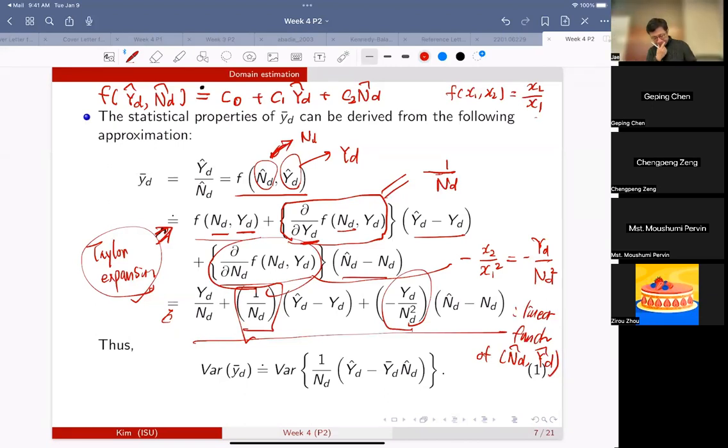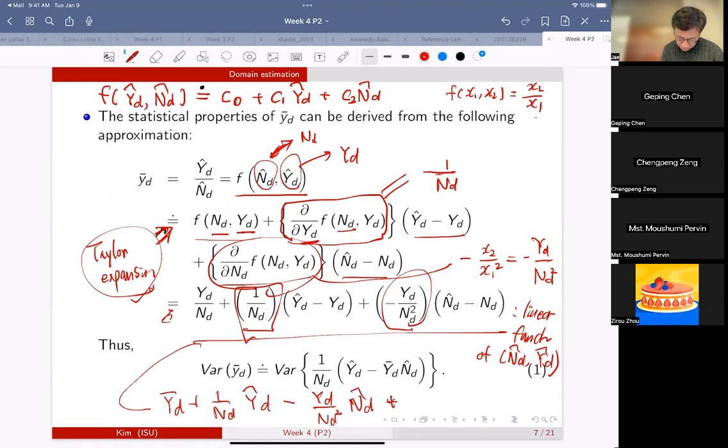Once you do that, you can write it as Y bar d plus 1 over N_d times (Y hat d minus Y bar d N hat d), plus a constant, minus Y bar d.